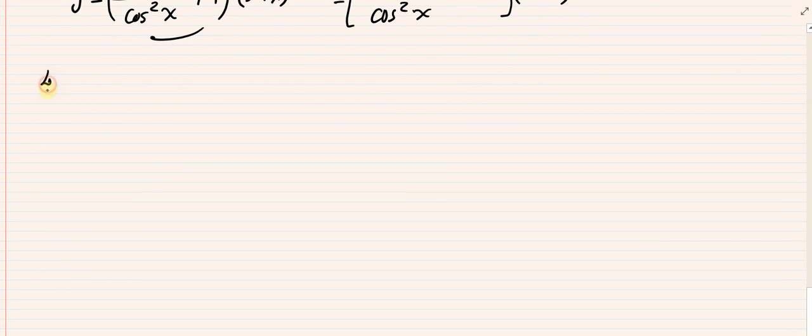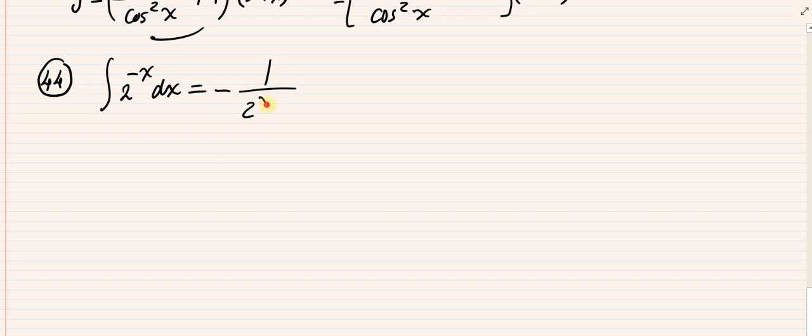Let's take a look at an integration problem. Number 44: the integral of 2 to the negative x dx. For this one, going off of the general integration rule, that's going to be negative 1 over 2 to the x times ln of 2, plus a constant.